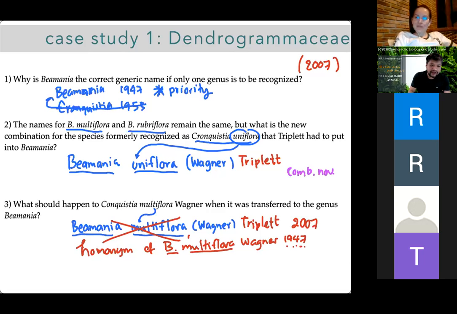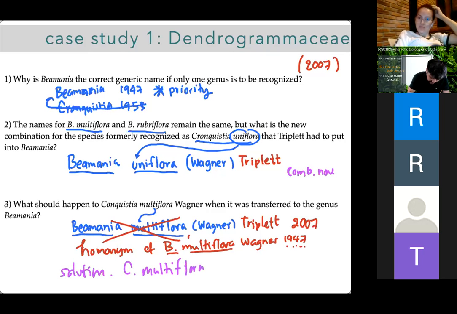So Bimania multiflora cannot be the name. So the solution is that the Conquistia multiflora gets moved to Bimania and they have to come up with a new name completely.